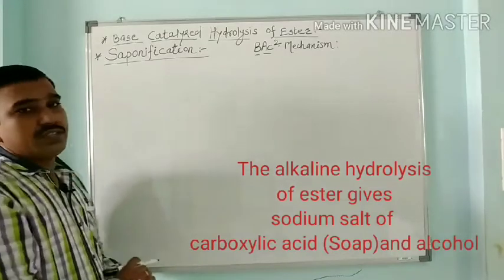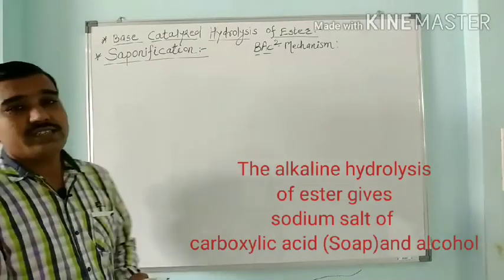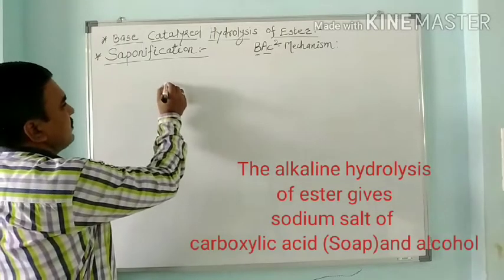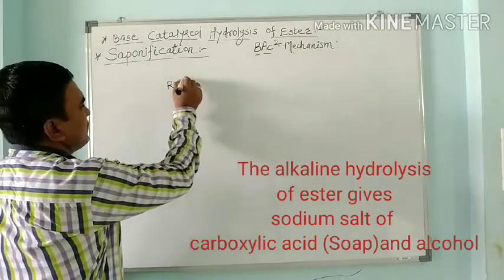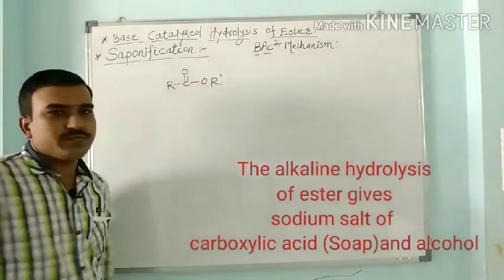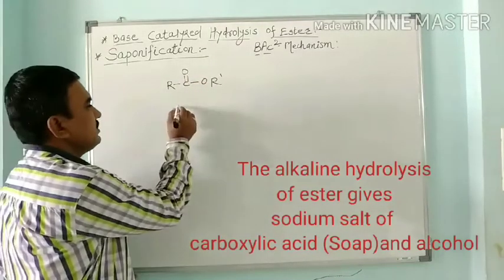Now we have to see first a general example of base catalyzed hydrolysis of ester. So it is RC double bond O, OR dash. So this is ester.